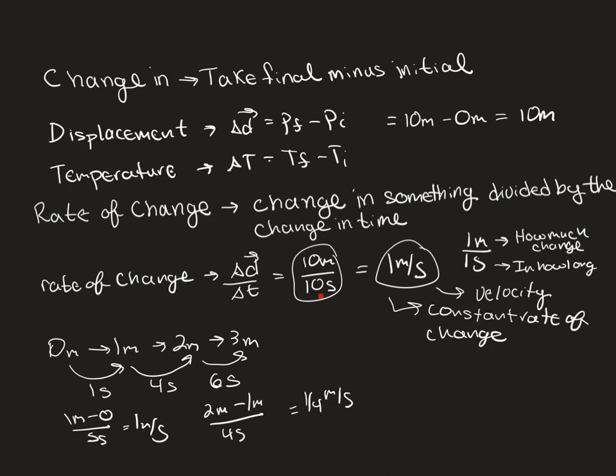A constant rate of change is a lot easier to work with because it's predictable. If I know 4 seconds have elapsed, I know I've moved 4 meters forward. But for a non-constant rate of change, I know that change is happening.